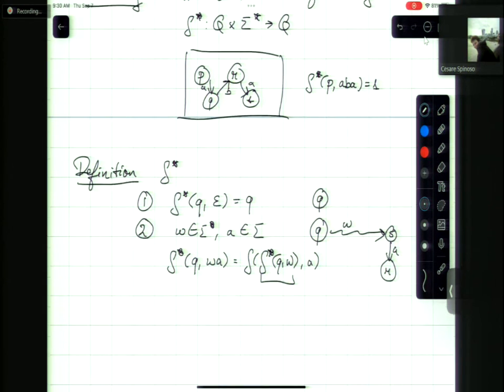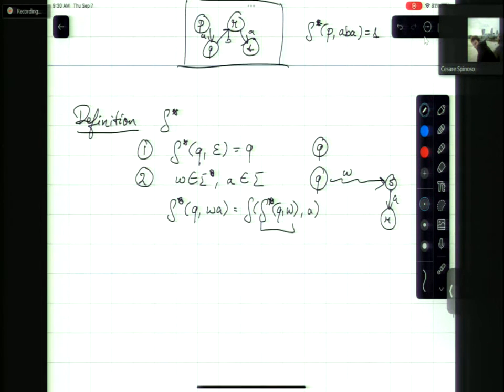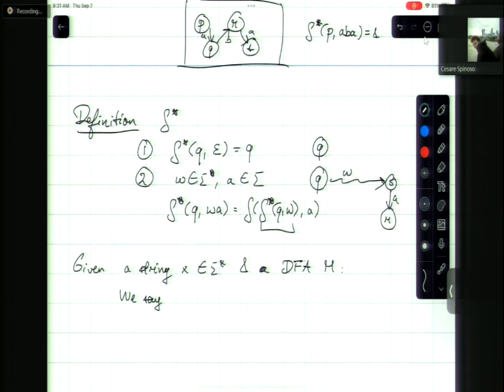And so then, if we want to talk about acceptance formally, given a string X, which is in sigma star, and a DFA M, then we say M accepts X if and only if.